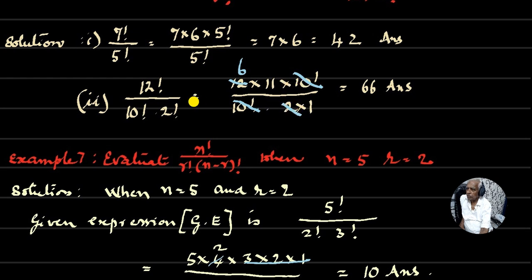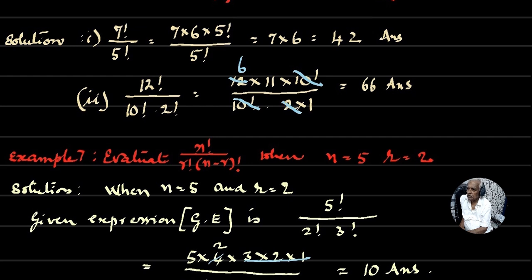So here factorial 2 is there, 2 times 1, and 2 times 6, 2 sixes are 12. So 66 is the answer. I think you can just go through the problems. They are very simple. It's not complicated at all.